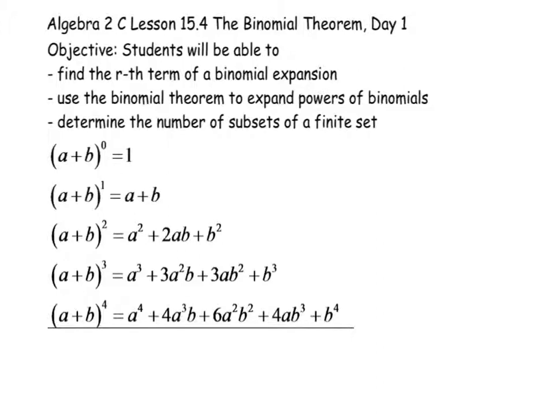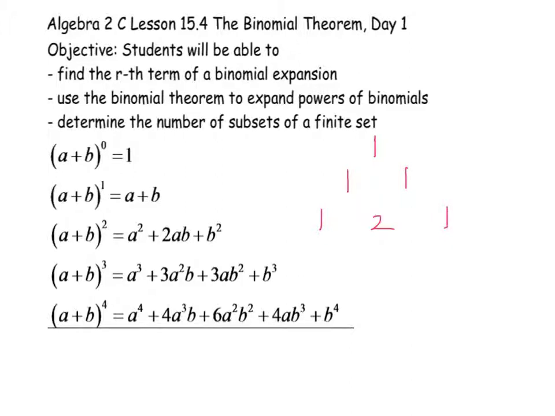So if I'm looking at the coefficients, in the first expansion, I will just have a 1 in my answer. Then for a plus b, I will get 1 and 1. For a plus b squared, it will be 1, 2, and 1.